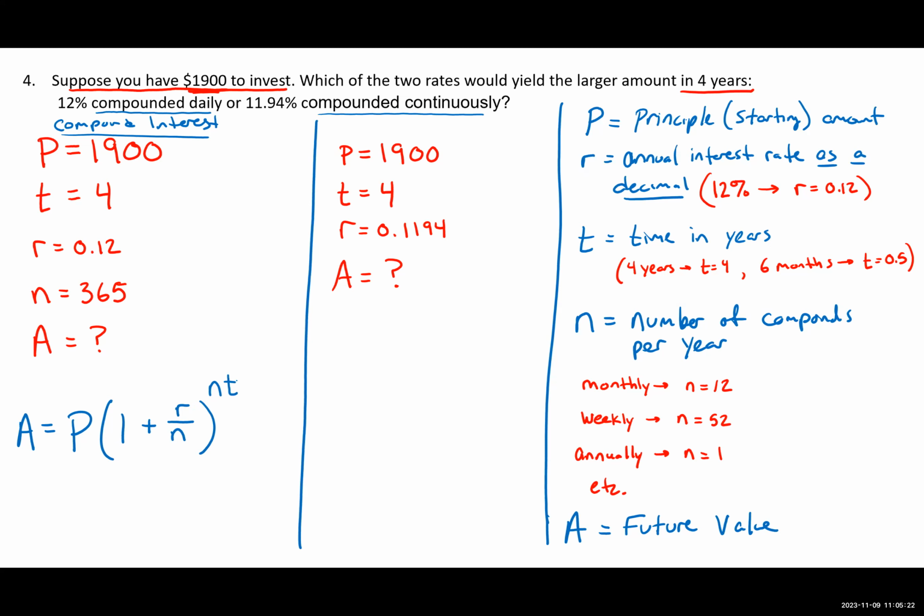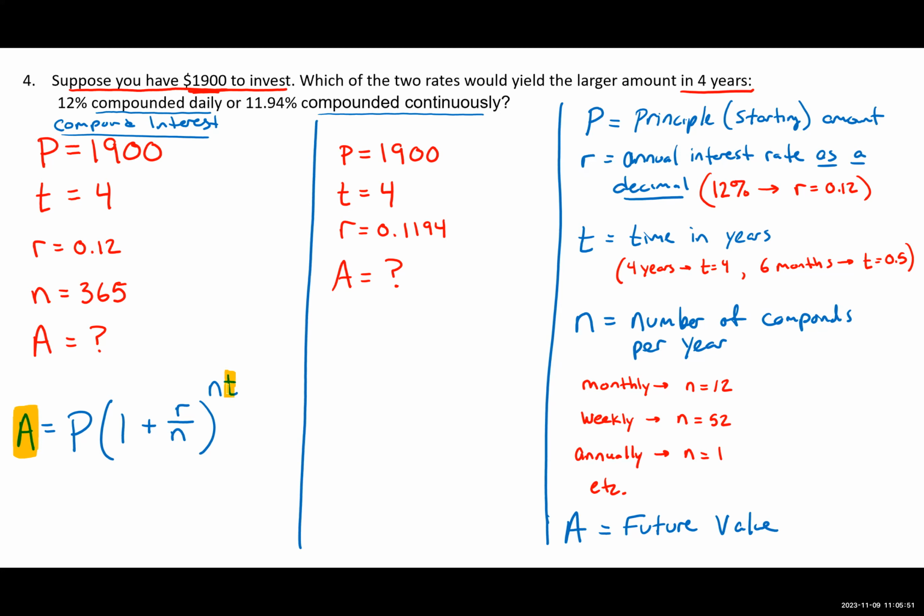N times T. And that's why we're talking about this in the context of exponential functions, because this is an exponential function. What is changing over time? What are the variables? Well, A, the amount you owe, is changing over time. As time goes on, that value goes up.